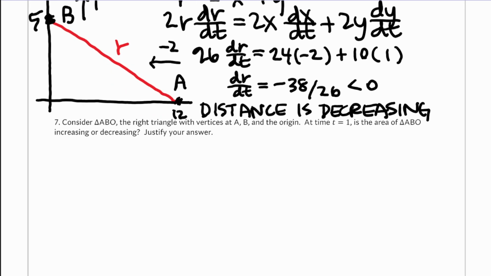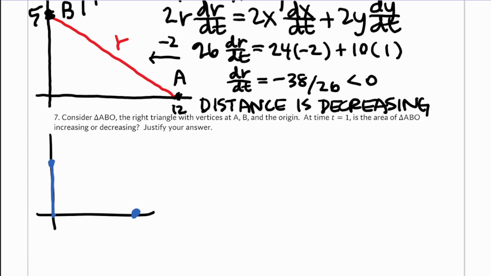Right, and then triangle ABO, if that's A and that's B, okay, that's the origin. That's going to be x, and that'll be y. Okay, so the area of this triangle is going to be 1/2 times x times y.